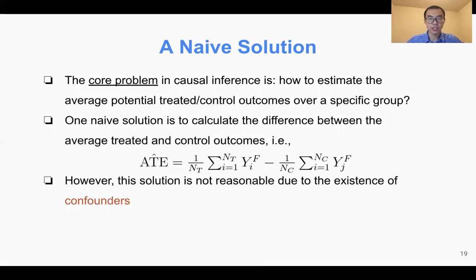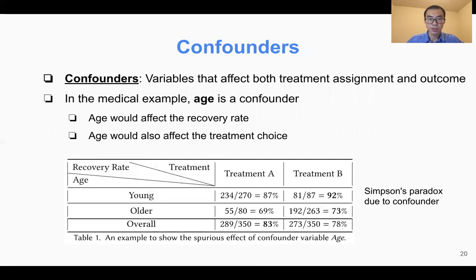However, this solution is not reasonable due to the existence of confounders. So what are confounders? Confounders are variables that affect both treatment assignment and also the outcome. Let's take one example to understand the idea of confounders. In our medical example we just mentioned, age might be a confounder because age would affect the recovery rate and age would also affect the treatment choice.